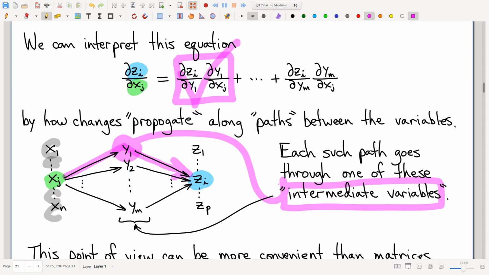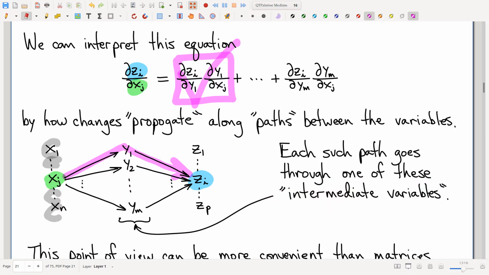So this is sometimes referred to as thinking about the chain rule in terms of intermediate variables. Everybody buying it? By the way, here's some good news. These terms, what do they look like? Well, whatever your intermediate variable is will always go there and there.